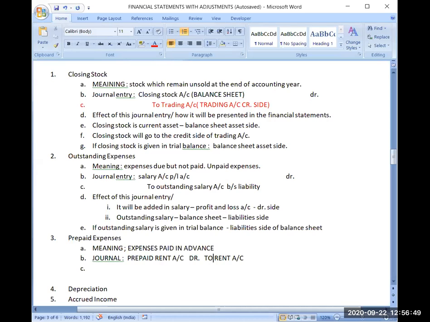So due to this, the balance in the rent account will increase or decrease? Yes, it will decrease.